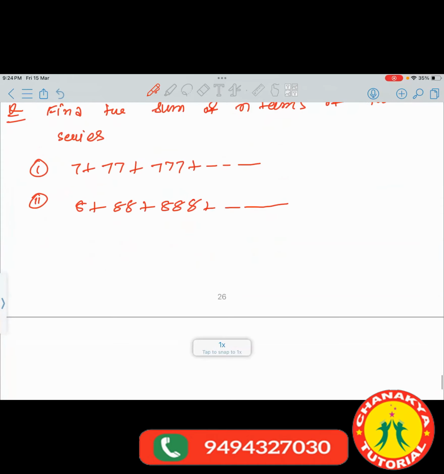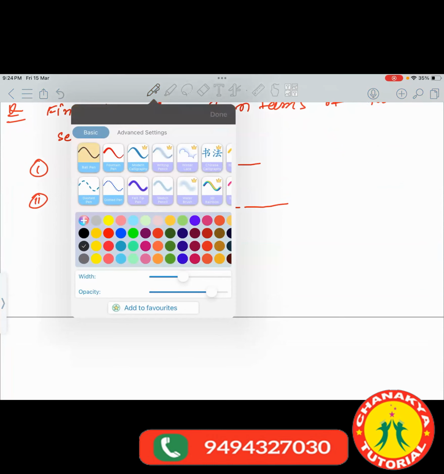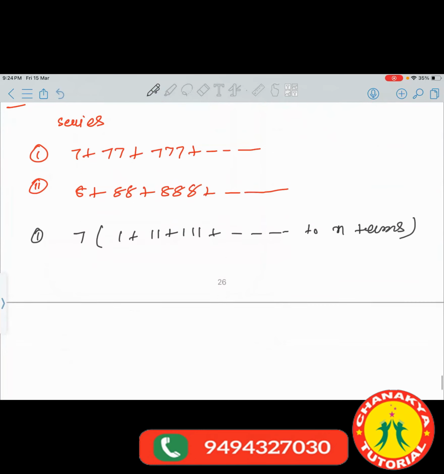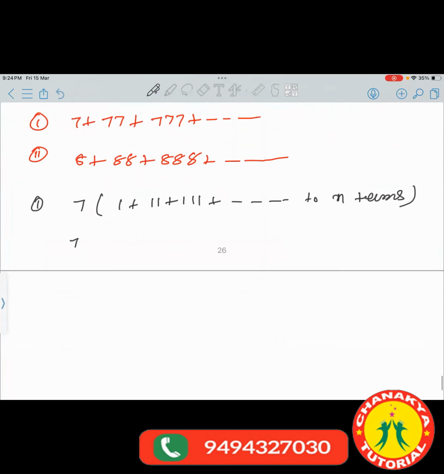Anyone know how to solve this question? It's a very good question. A little bit of adjustment is needed. In the first question, we can take 7 as common, giving 1 plus 11 plus like that up to n terms. Now the adjustment is that we can divide by 9 and multiply by 9.